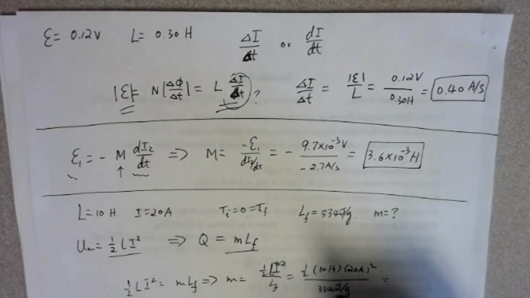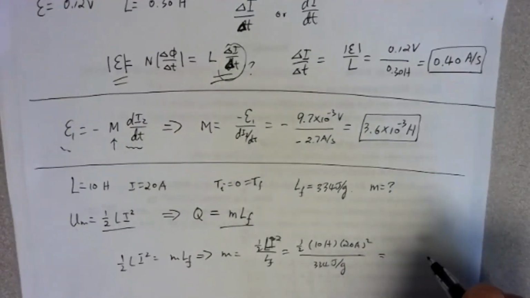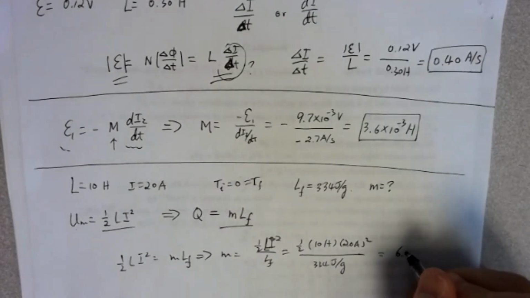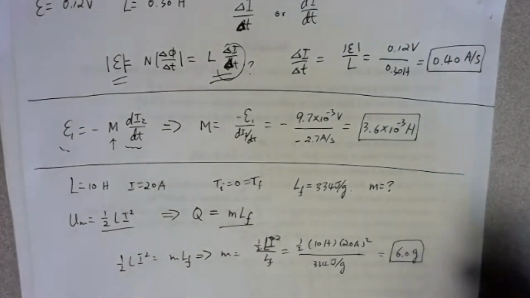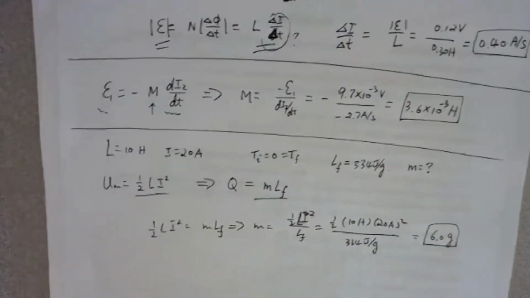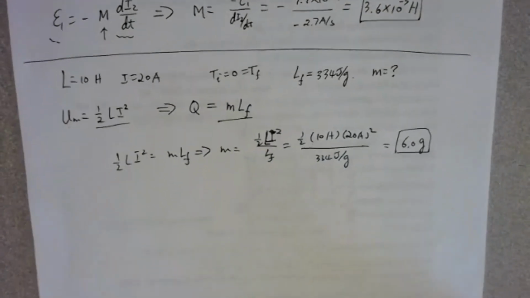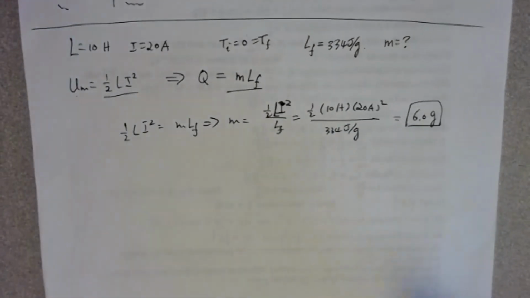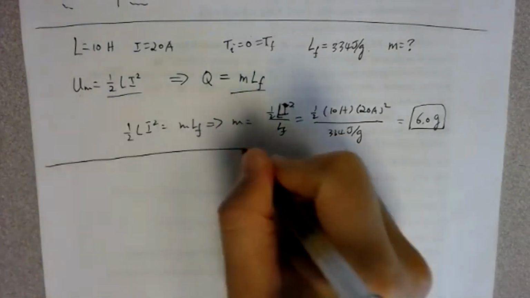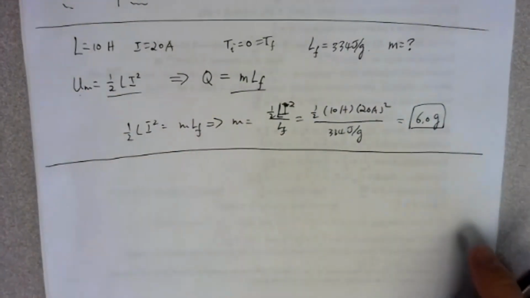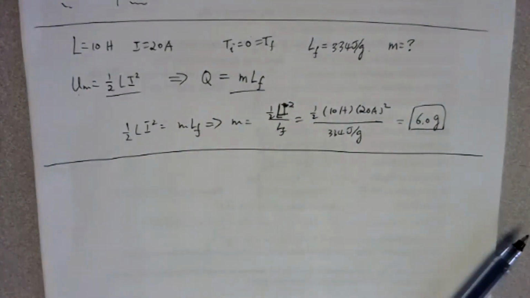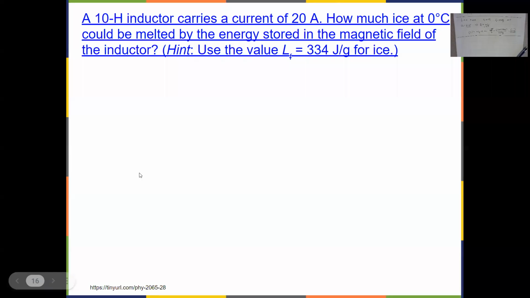This is gram, so the answer will be in grams. It gives you 6 grams. So 6 grams of ice will be melted by the energy stored in the inductor. You can use that much energy to melt about 6 grams of ice. Let's go back to the slide now.